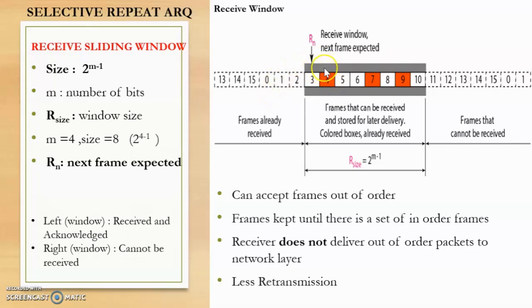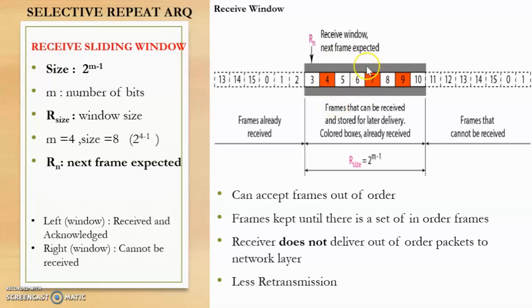In this case, the receiver will check if the sequence number 4 is in the receive window. Now sequence number 4 is present in the receive window. So over here the receiver will accept the frame 4 and it will be stored in the receive window.